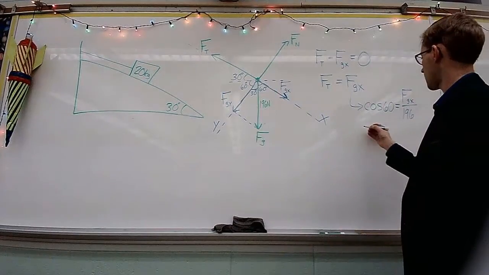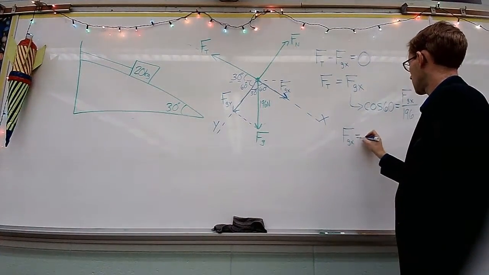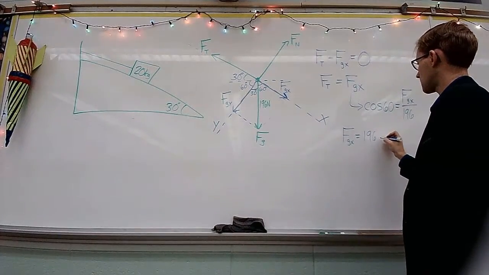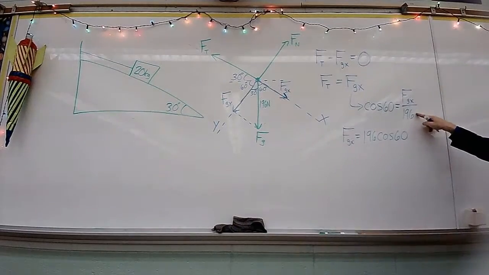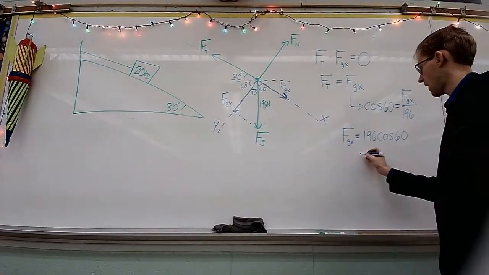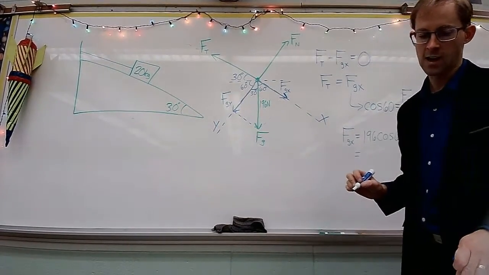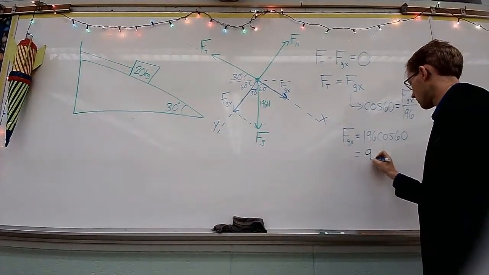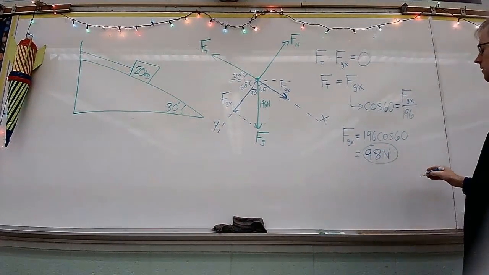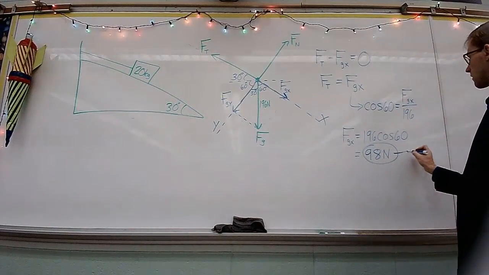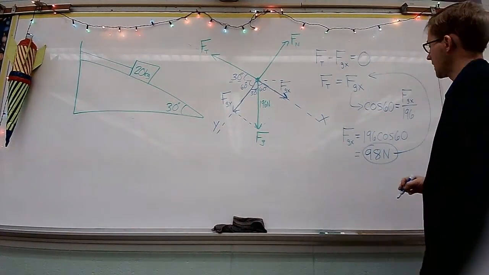If you do that, you've got an expression for FGX. It's going to be equal to 196 times the cosine of 60. You're multiplying both sides by 196 to get that. And when you do that math, you're going to get 98 newtons. 98 newtons is equal to force of gravity in the x direction, which is also equal to your tension force.